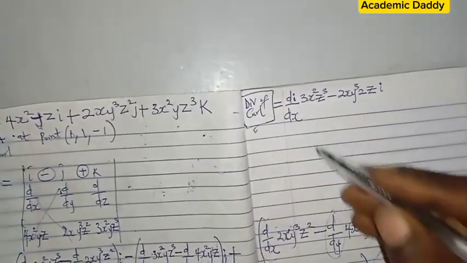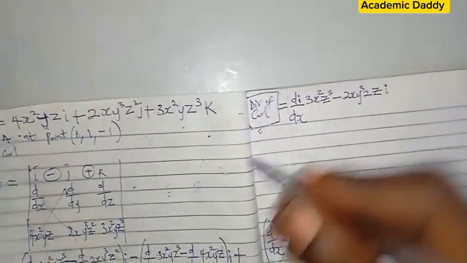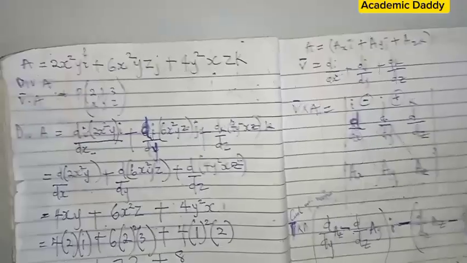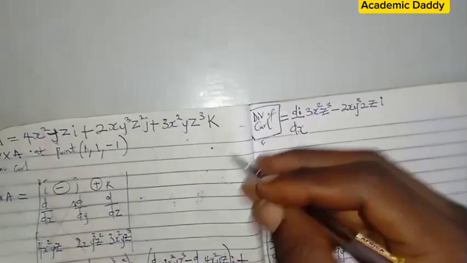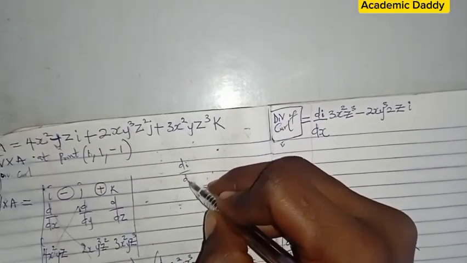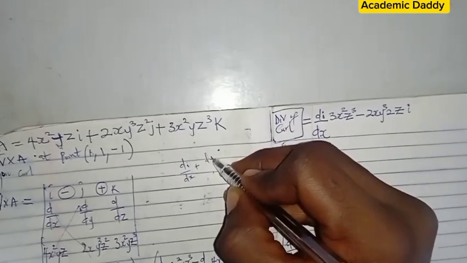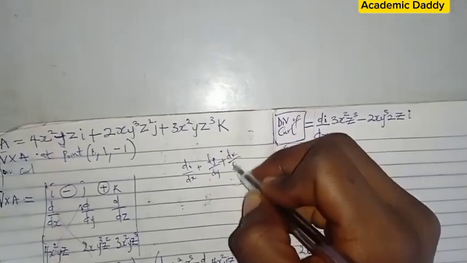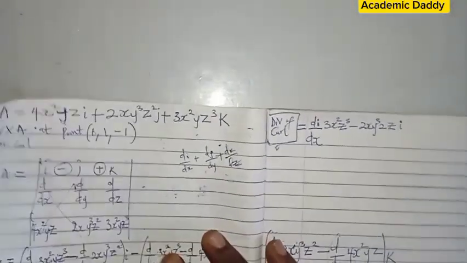Yes, because we are differentiating with respect to, remember when I started this, when I taught you this, I told you that the formula for v is always the I over the x plus the j over the y plus the k over the z. So I taught you this.